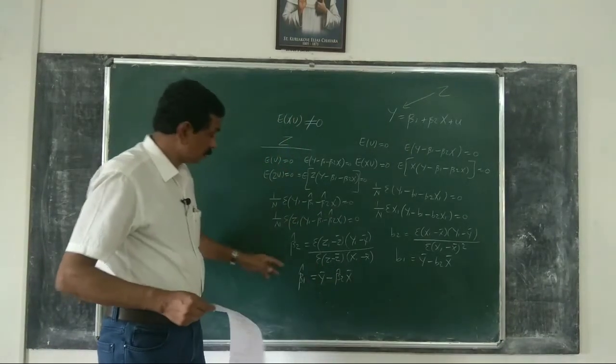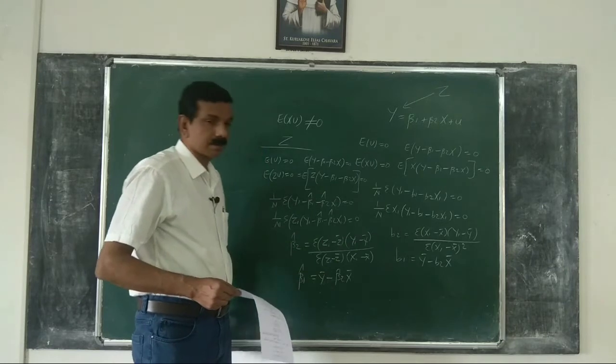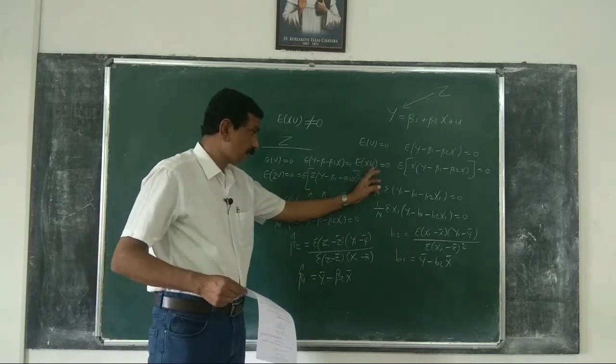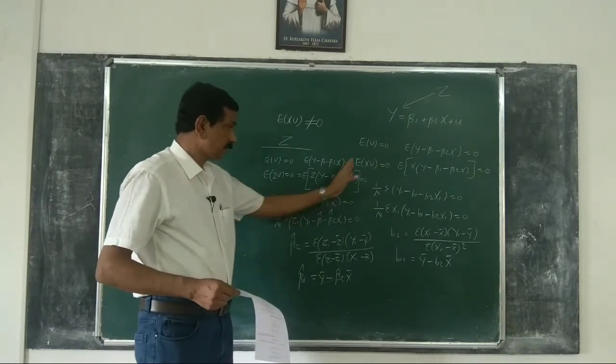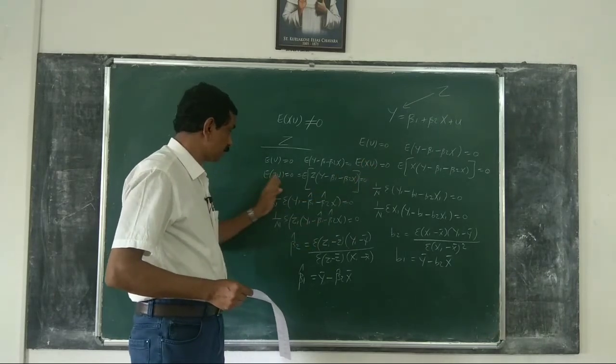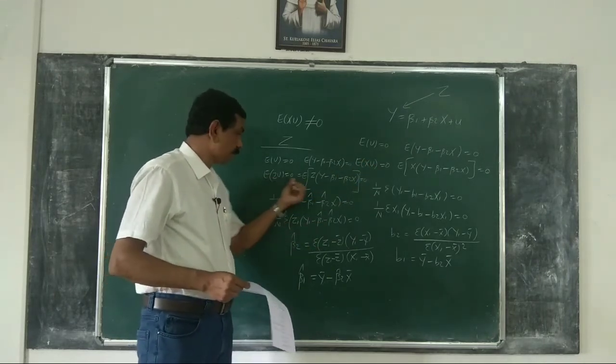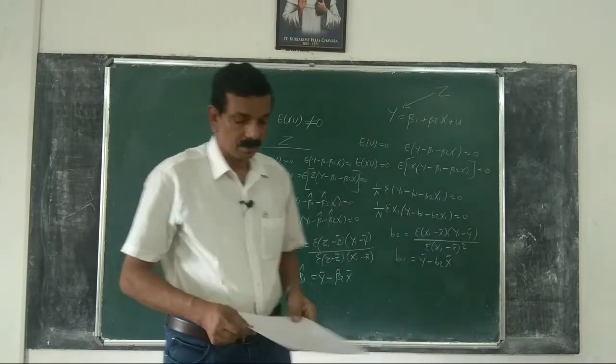These are the instrumental variable estimators, by replacing the second moment condition, expected xu, with expected zu, provided that z is correlated with the x.